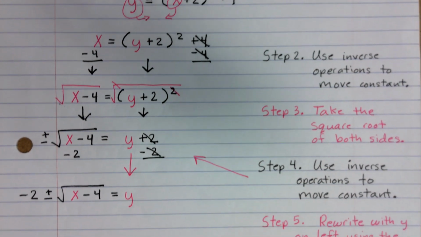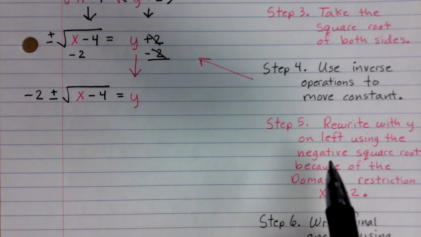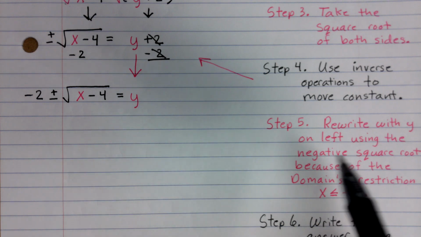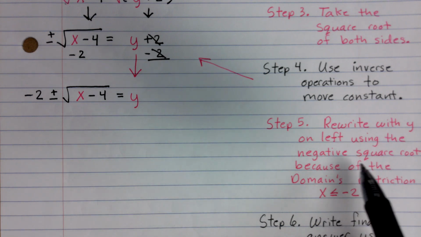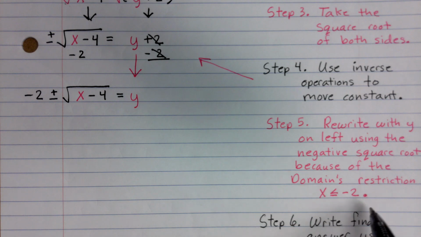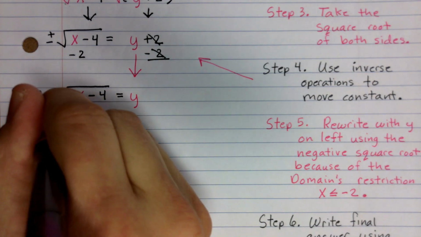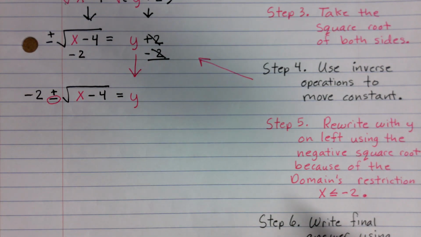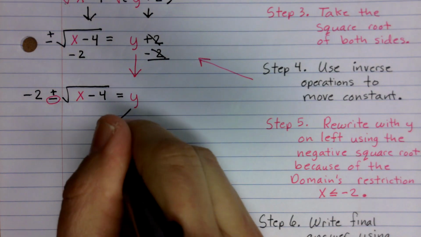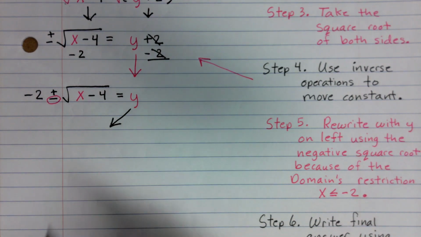So we're almost done. Now we're going to rewrite our equation with the y on the left using the negative square root because of the domain restriction that x must be less than or equal to -2. So I'm going to circle it. We're only using the negative. We're going to ignore the positive. And so when I write this, I'm going to move my y value over to the left.